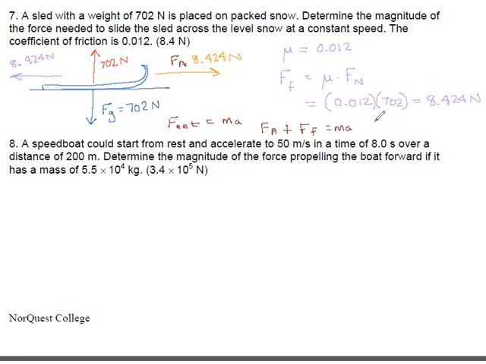And if you put numbers into that, you would get the applied force plus friction is negative 8.424, because it's oriented to the left, I'm calling it negative, equals the mass of the sled, which I could calculate in a moment, and constant speed means the acceleration is zero. So if you put that in and then solve for Fa, you find after a few steps that the applied force must also be 8.424.